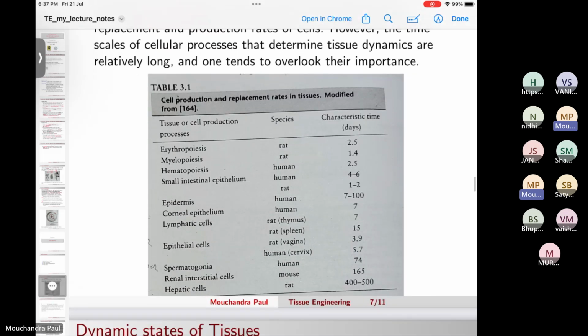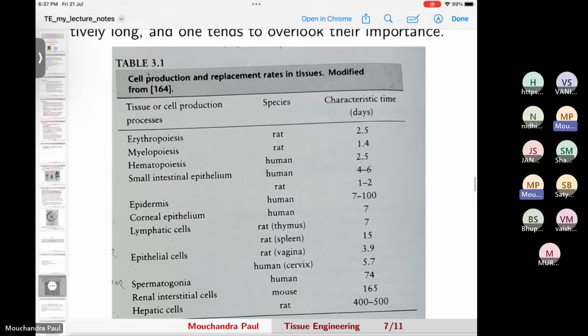This is a table which highlights the cellular turnover rates in various tissues, not only in the human species but also in other species like rat, mouse, etc. If you see the process of erythropoiesis, which is the formation of red blood cells, in rats it takes only 2.5 days.